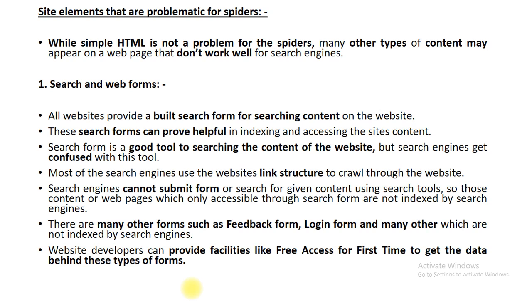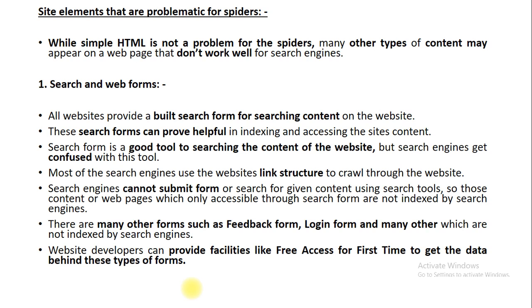So how many types of forms are there? See, suppose you want to provide a feedback form, right? That form is known as a search and web form. Similarly, you have created a login form. So without login, you are not able to move forward, right? That is again problematic for the spider. So those kinds of pages are not going to be indexed.